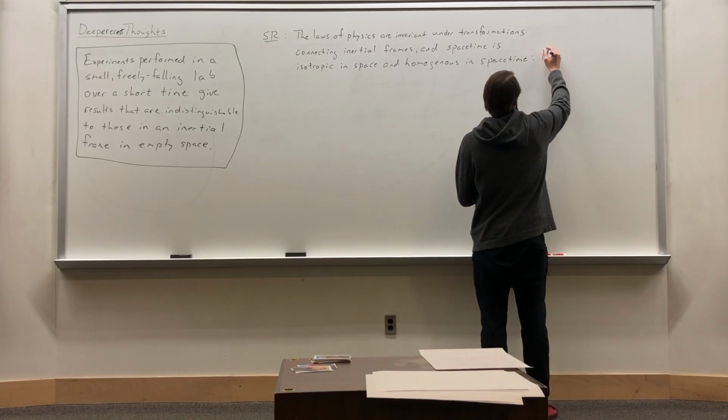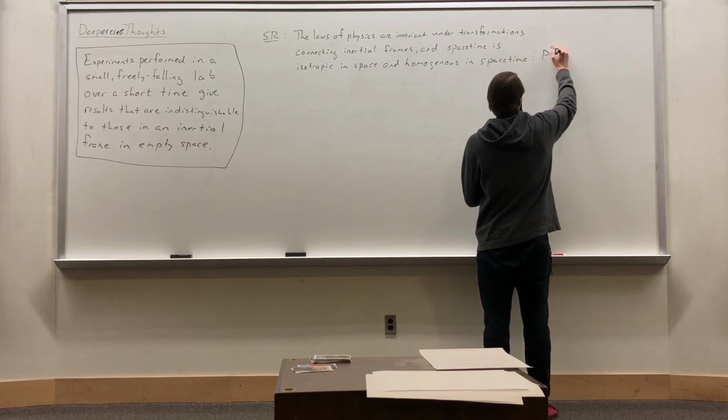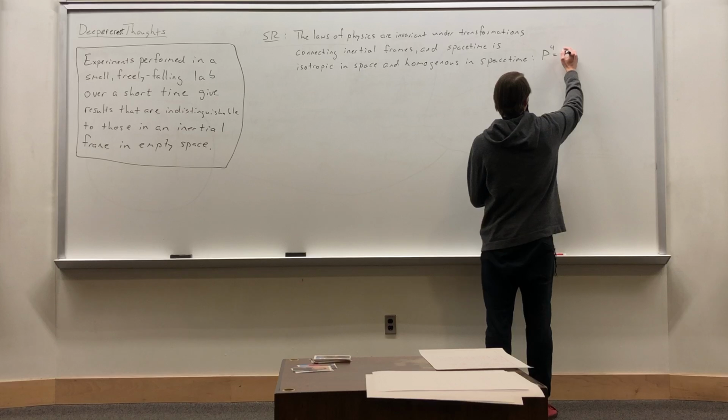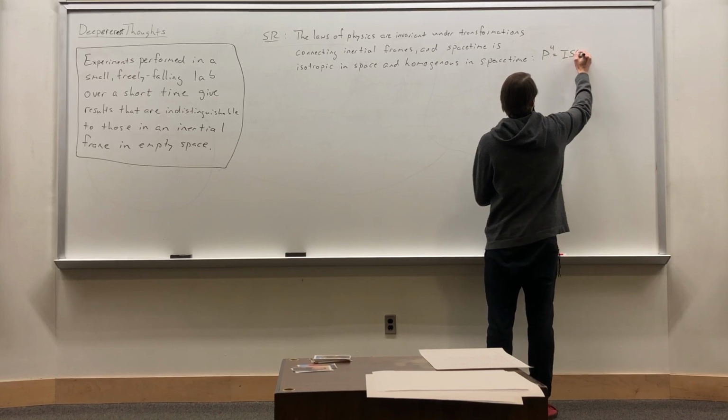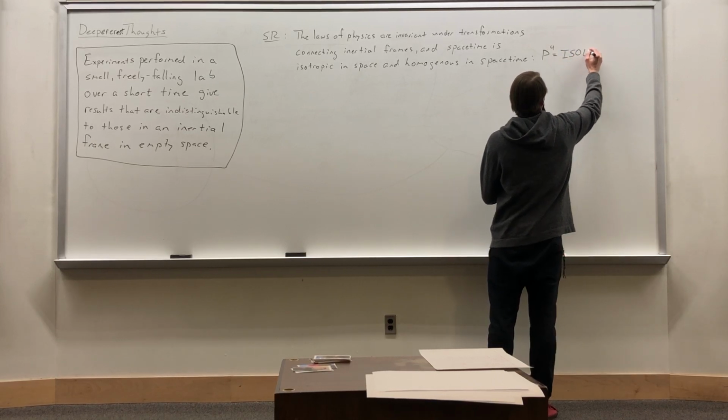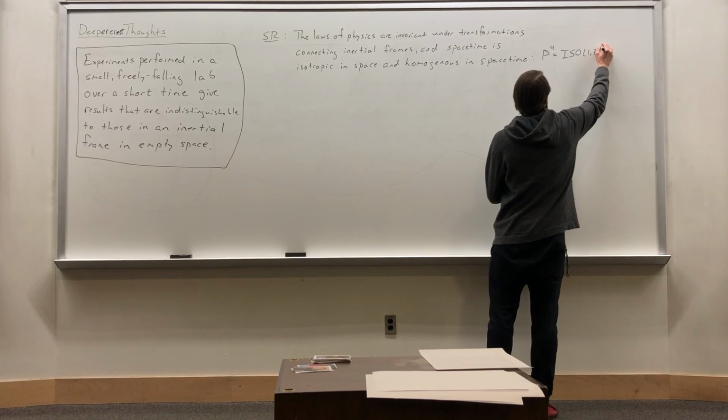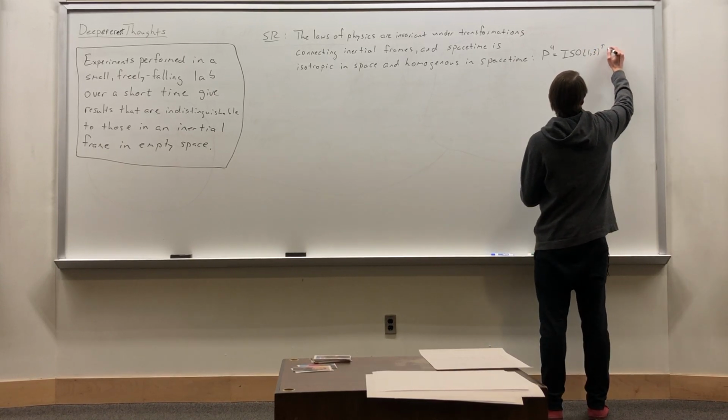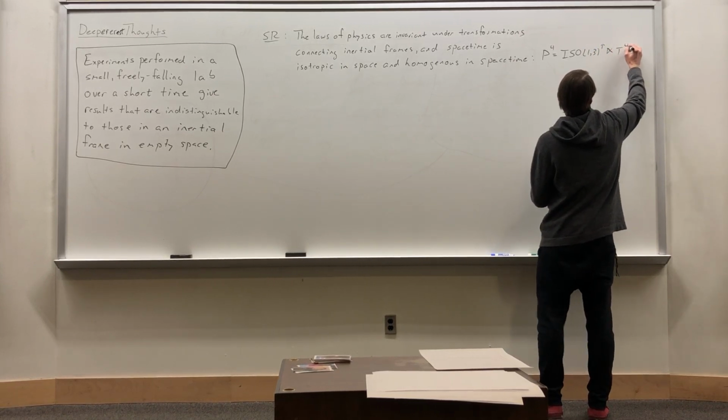That is, the symmetry group is the Poincare group in 4 dimensions, which, as I mentioned before, is ISO(1,3) semi-direct producted with 4 translations.